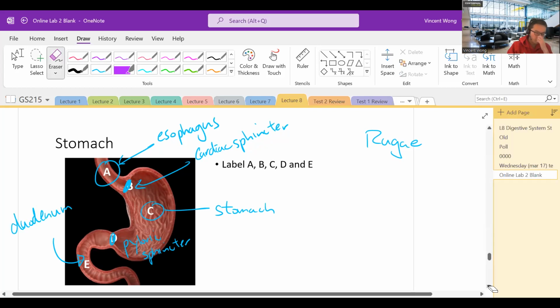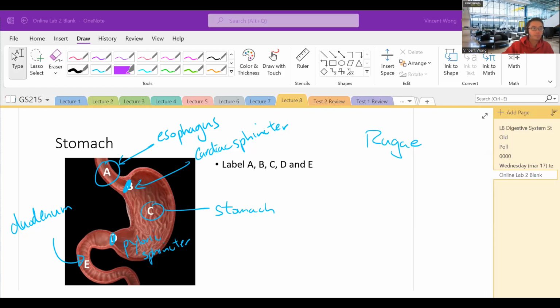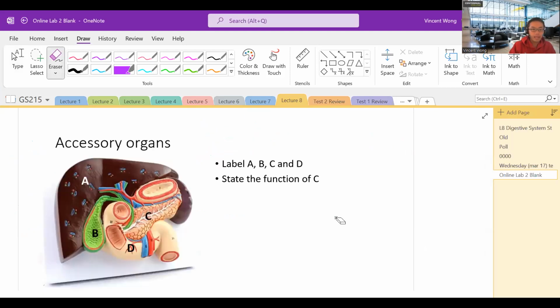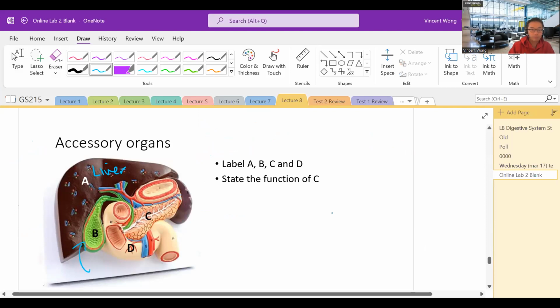Okay, so the pyloric sphincter will control how much of the chyme is allowed to go into the duodenum. Okay, A here, that's the liver. B is the gallbladder.